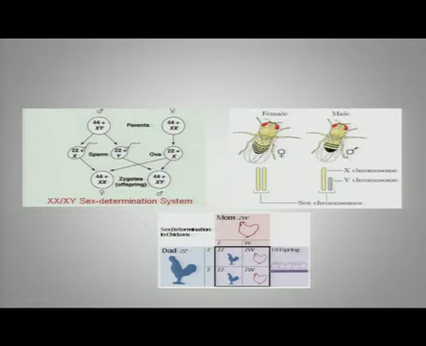The same mechanism you can see here in Drosophila melanogaster also, where the female has 2 X chromosomes along with autosomes, and the male has 1 X and 1 Y chromosome along with the autosomes.